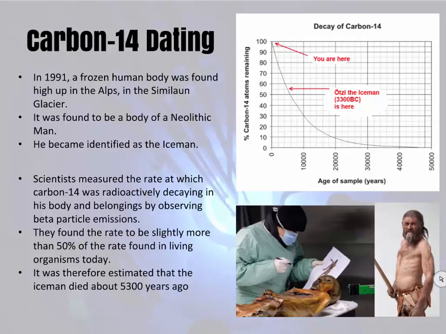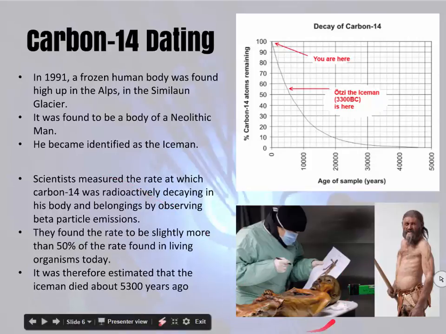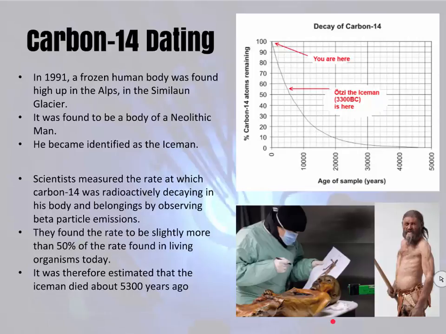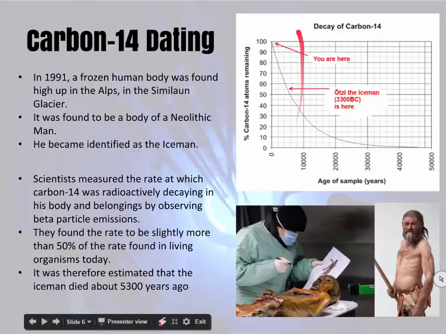Scientists were able to measure the rate at which carbon-14 was radioactively decaying in his body. You can see a picture there of the body that they had found. They also observed some of the emissions from the belongings that were found with his body. They found that slightly more than 50% was left in the organism today. We know how carbon-14 decays, and you can look at the graph up here.